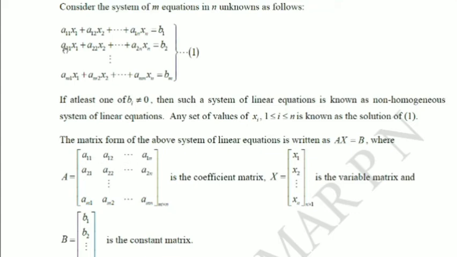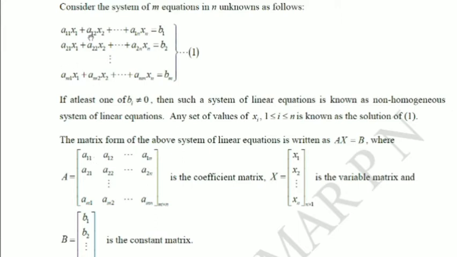The second row is from the second equation, a21, a22, up to a2n. And the mth row is am1, am2, up to amn. Remember, there are m rows and n unknowns, therefore n columns. So this is an m cross n matrix, which is known as the coefficient matrix.